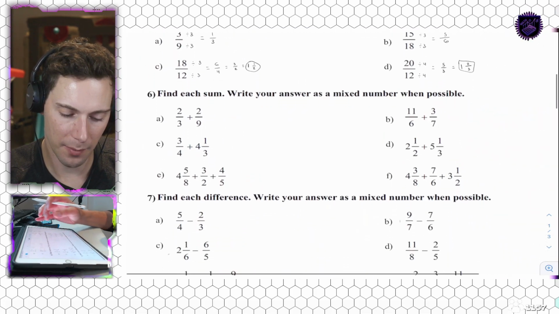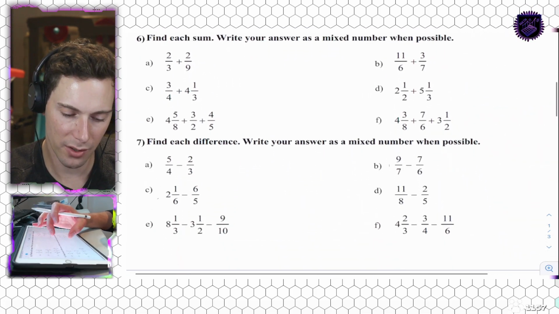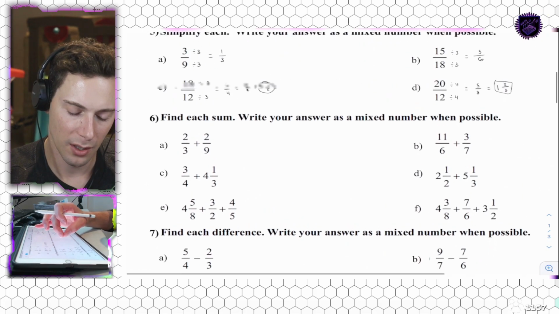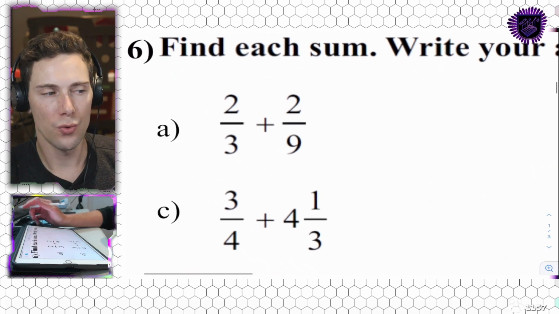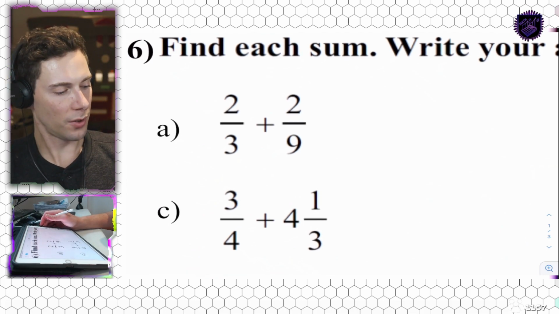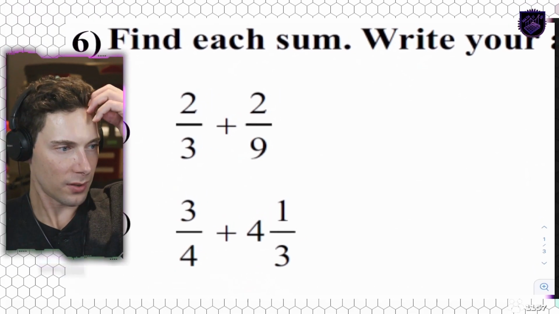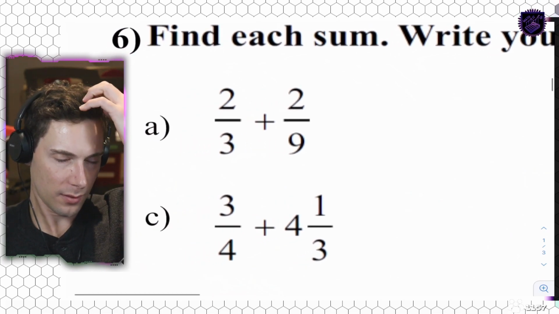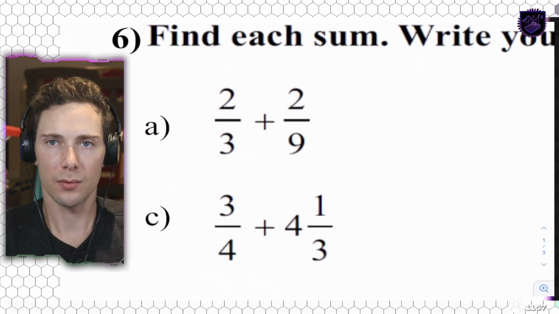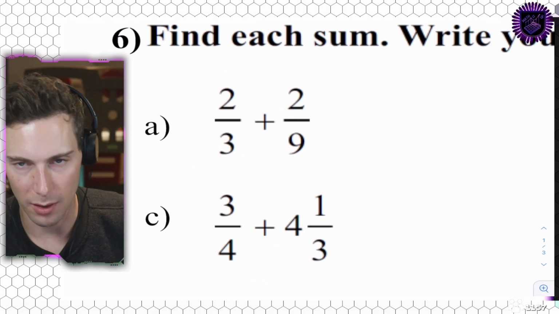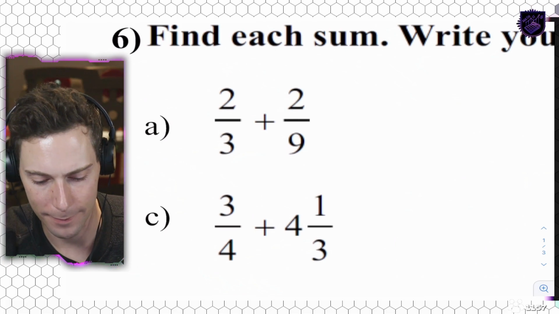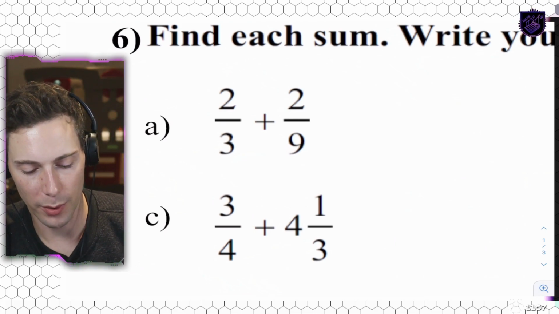All right, find the sum. We're on to the last 2 questions, 12 questions total. 2/3 plus 2/9. 2/3 and 2/9. So now we want to add these two together, and we want to make sure that we are being thorough and showing our work.